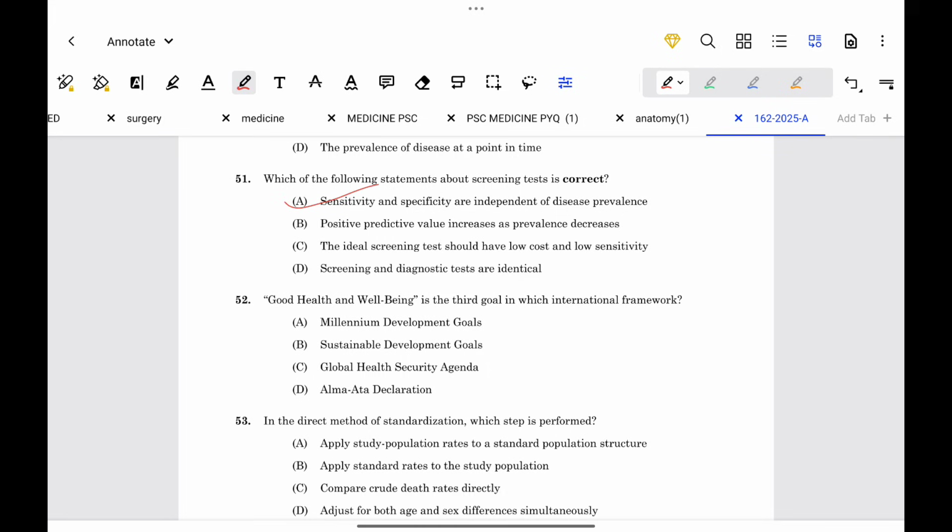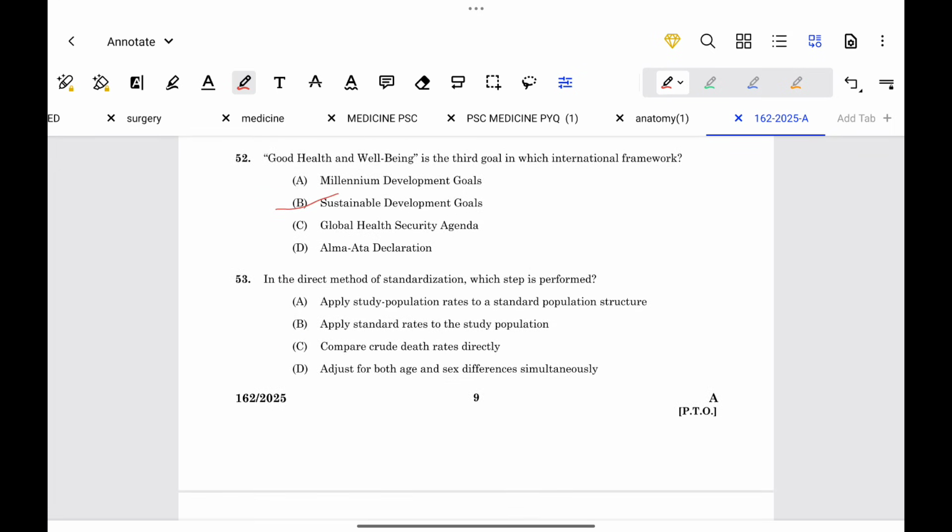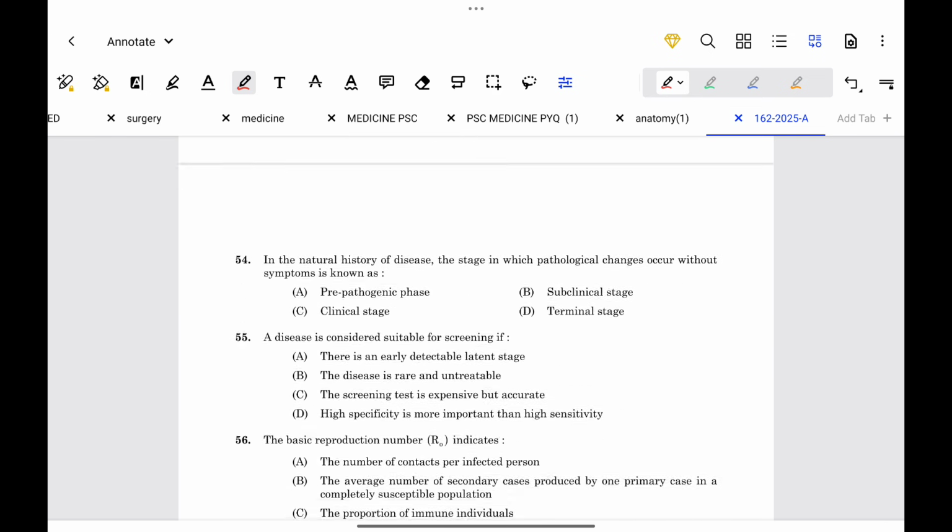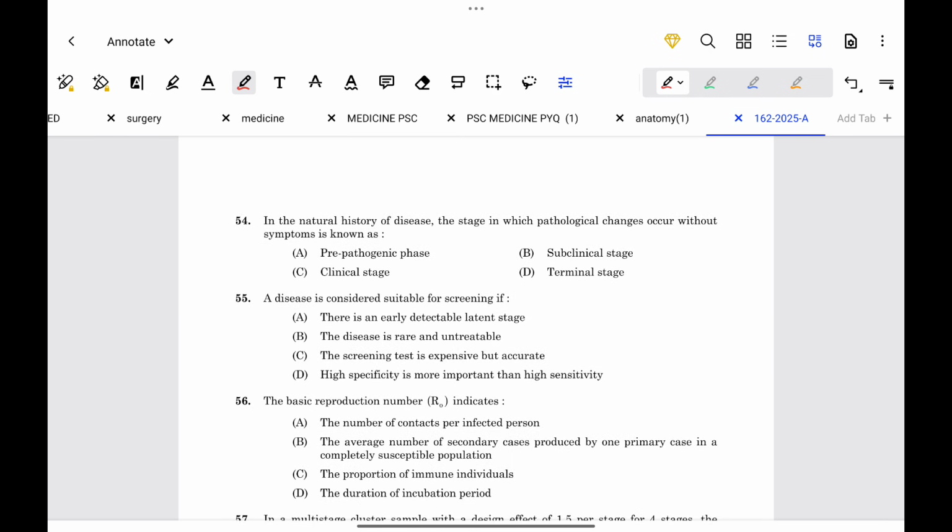Good health and well-being is the third goal in which international framework? Sustainable Development Goals. In direct method of standardization, which step is performed? Apply study population rates to the standard population structure. In natural history of a disease, the stage in which pathological changes occur without symptoms is known as subclinical stage.